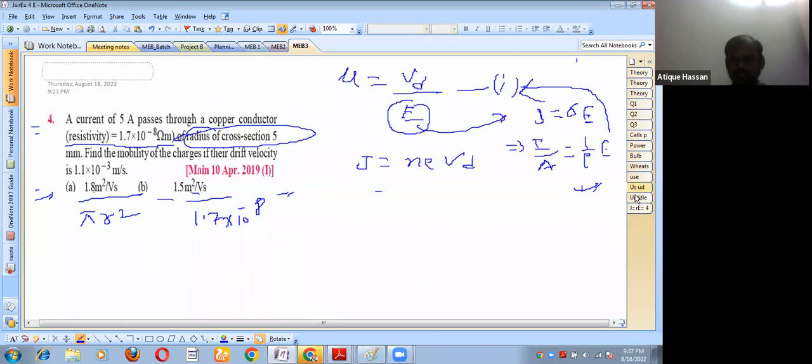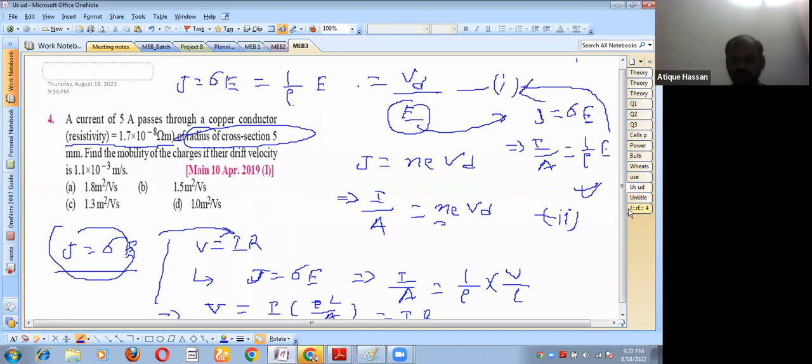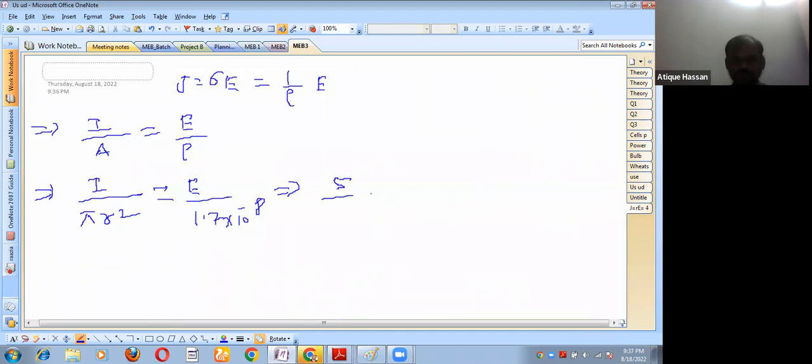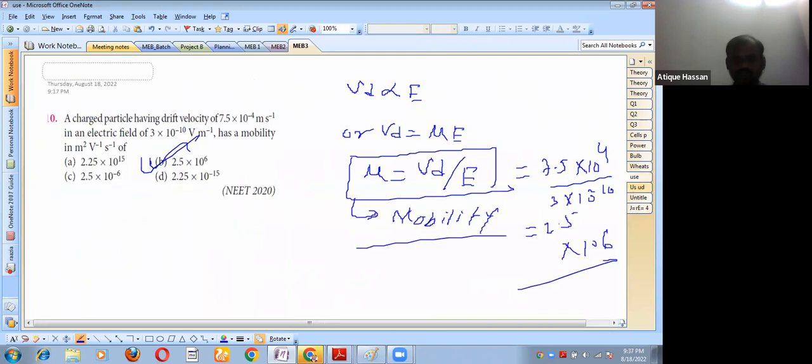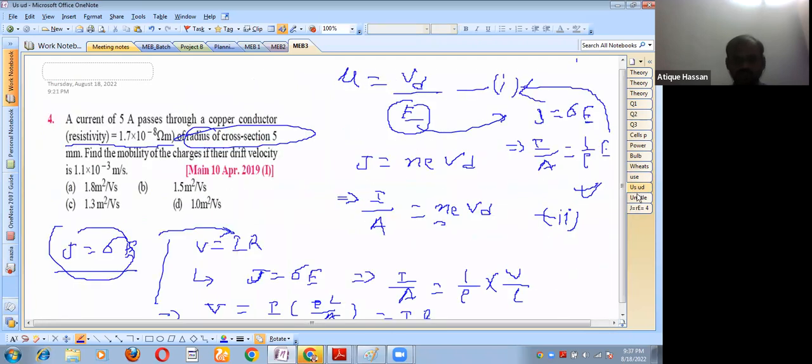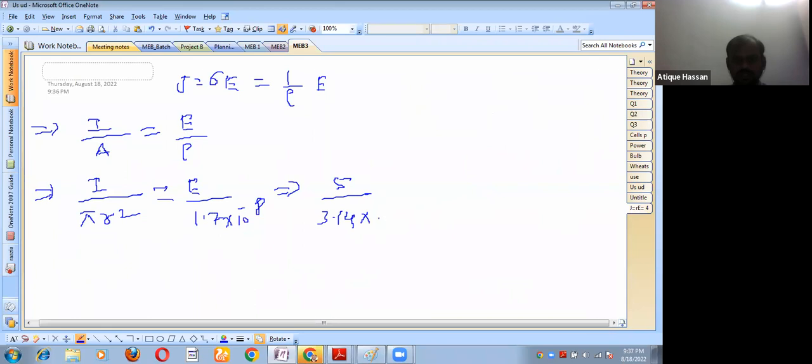And what is the current? Current is given 5 ampere. So 5 by 3.14 into radius, which is given as 5 millimeter.